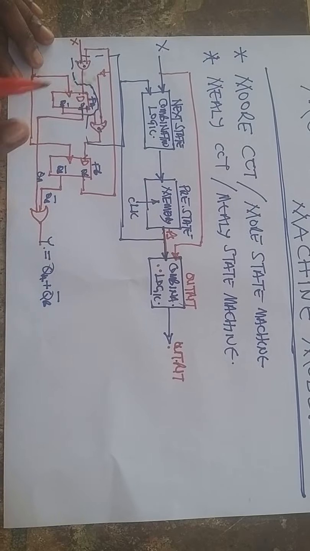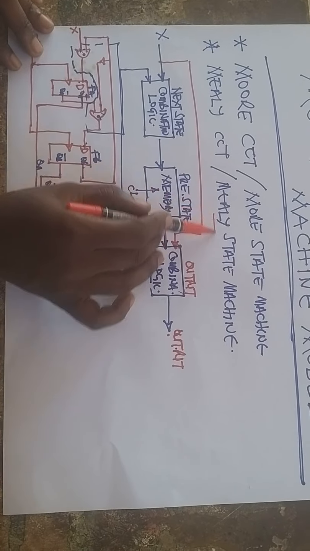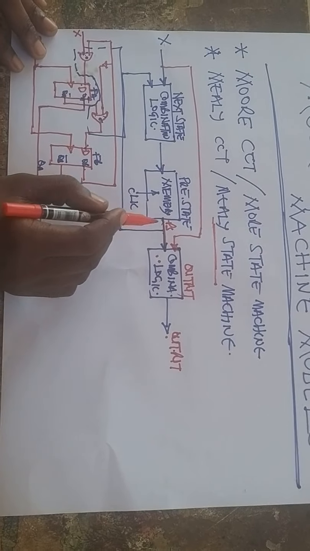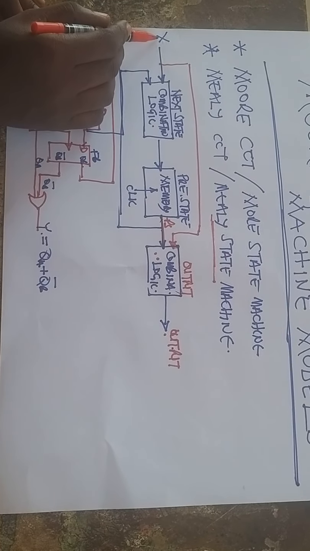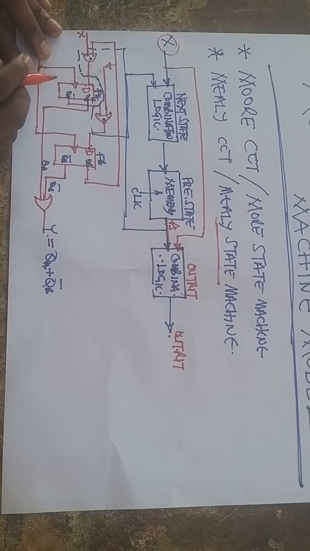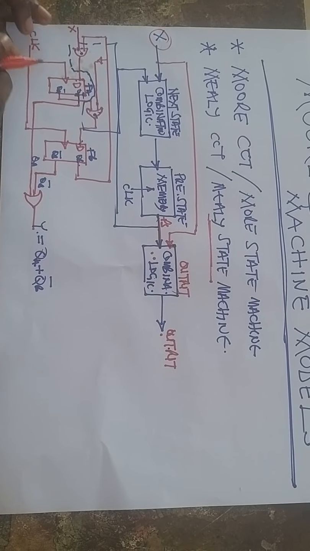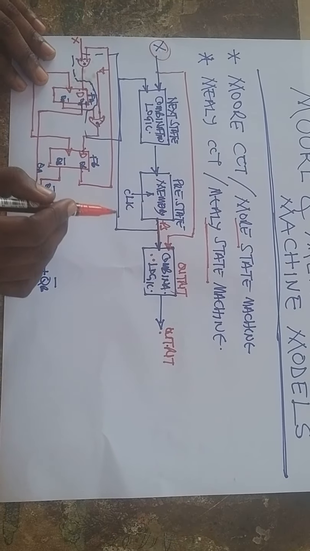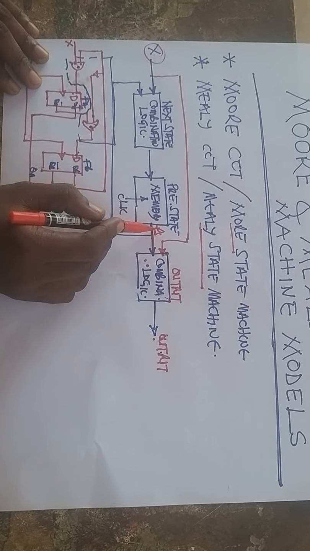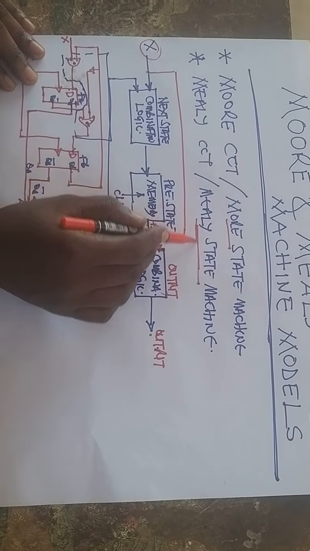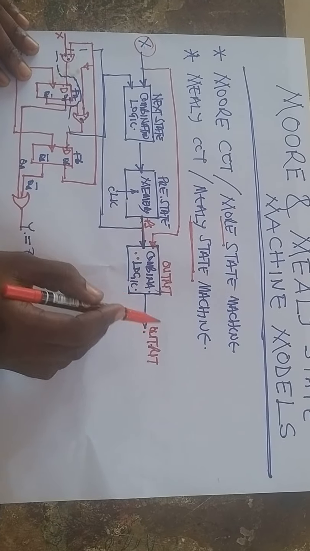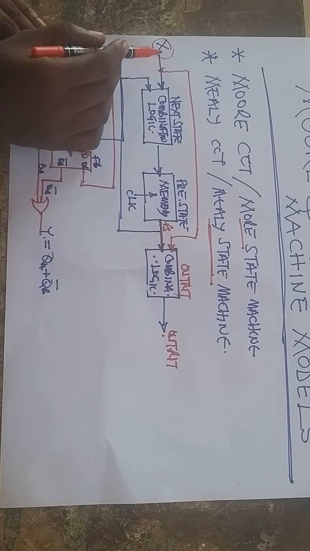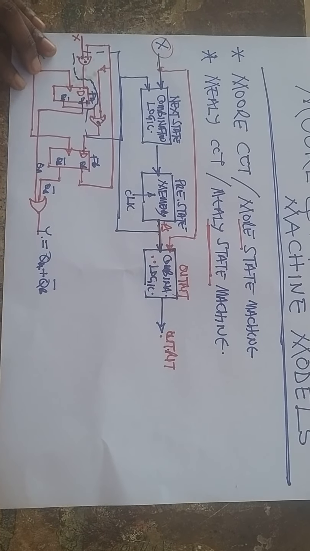So that is the difference. While Moore is saying the output is controlled by only the present state, Mealy is saying the output is controlled by both the present state and the present input state.